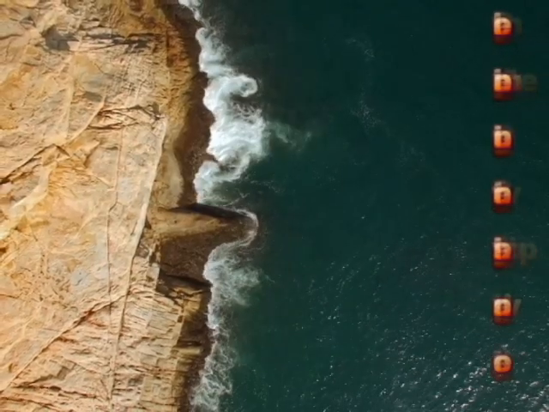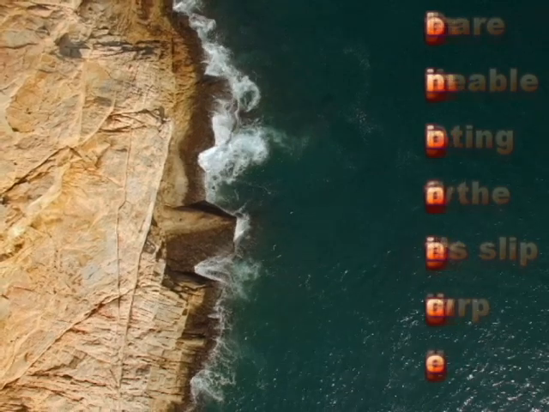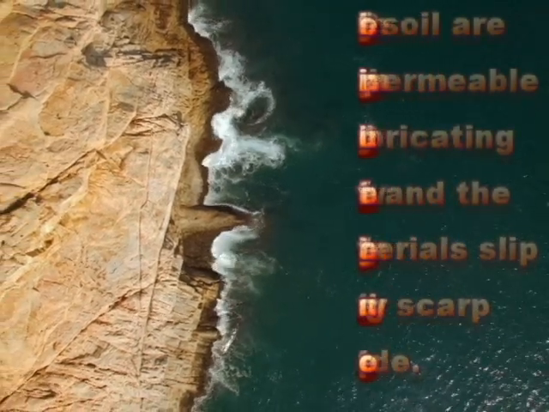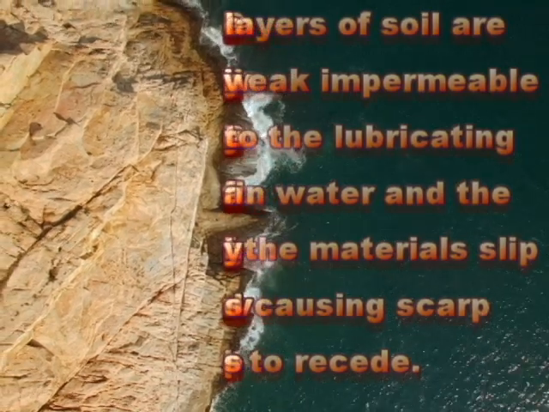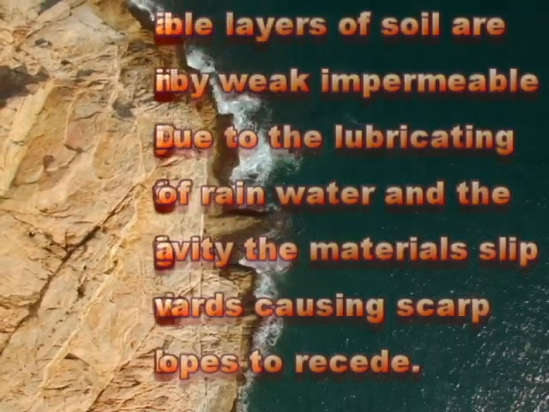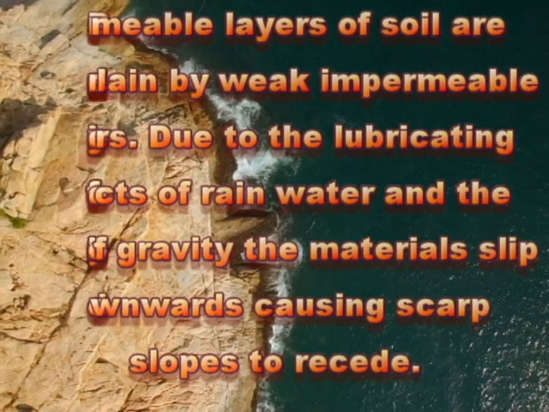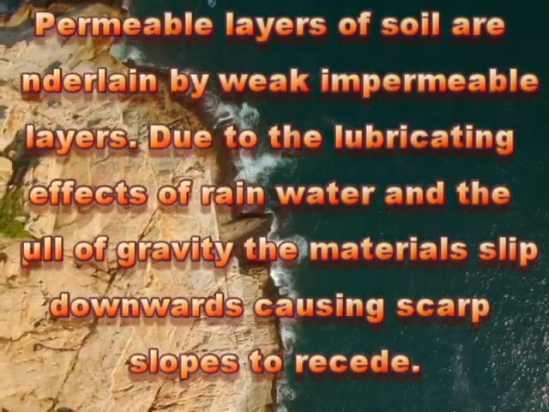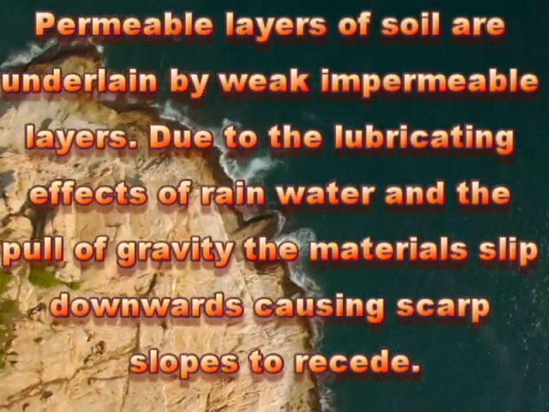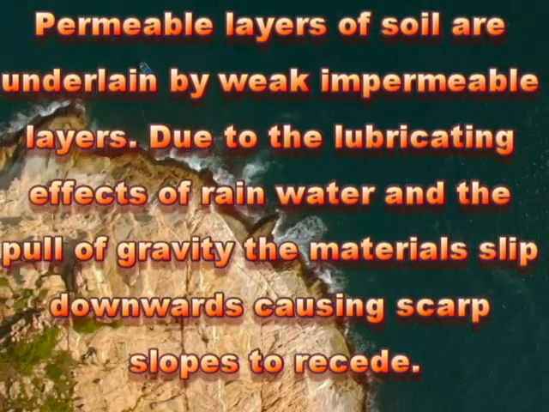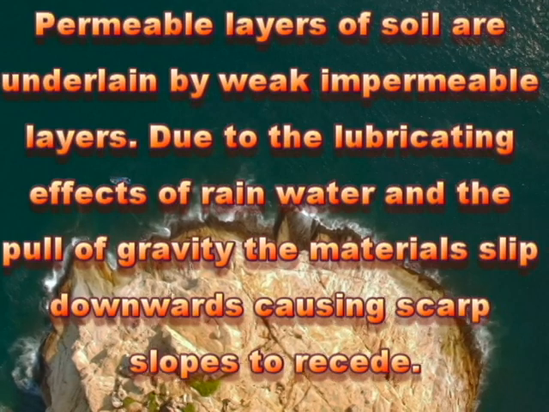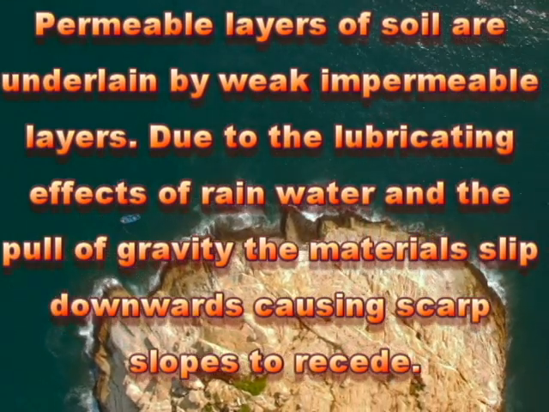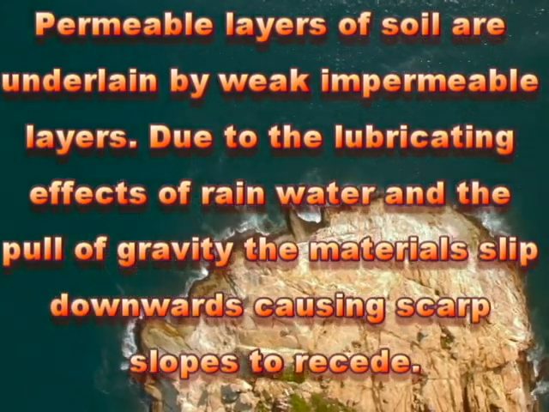So, along a slope, there is a layer of permeable rock or permeable layer through which water can penetrate and eventually become saturated. However, this permeable layer of rock or unconsolidated material is actually situated on top of a layer of impermeable material or rock through which water cannot penetrate.